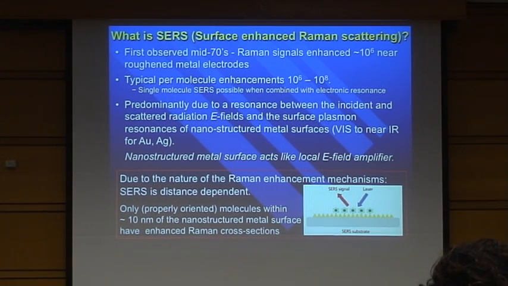That's the physics that we're going to exploit to make this bioanalytical technique have value. Of course, once again, due to the enhancement mechanism of surface-enhanced Raman spectroscopy, it's only those molecules that are within a couple of nanometers of the nanostructure of the metal surface, which by the way is typically gold or silver, that will be enhanced by this phenomenon.